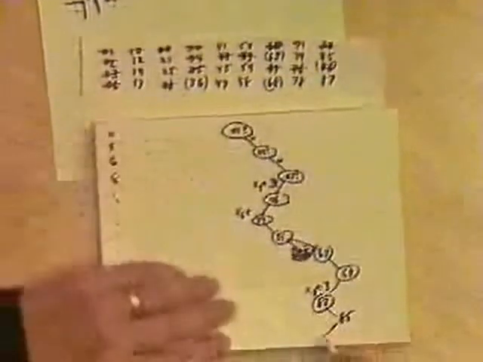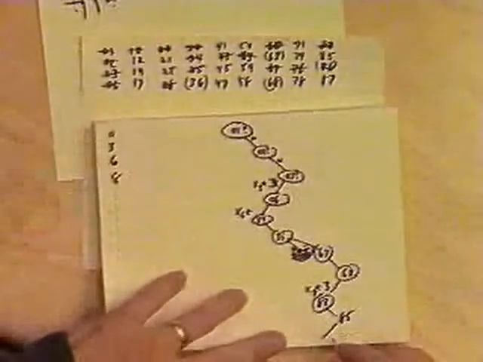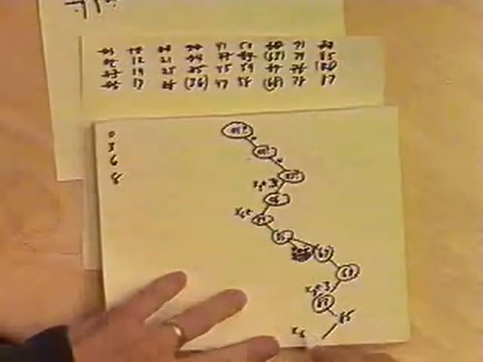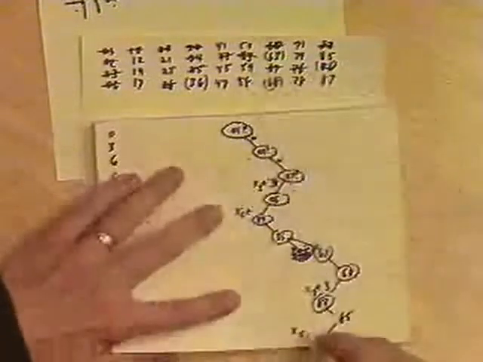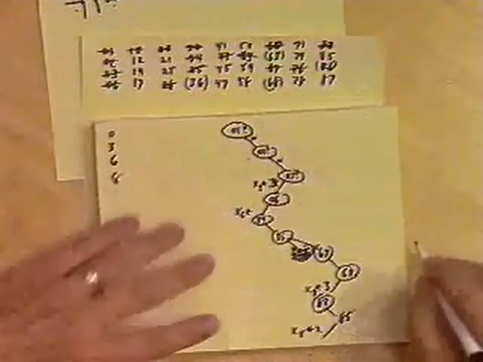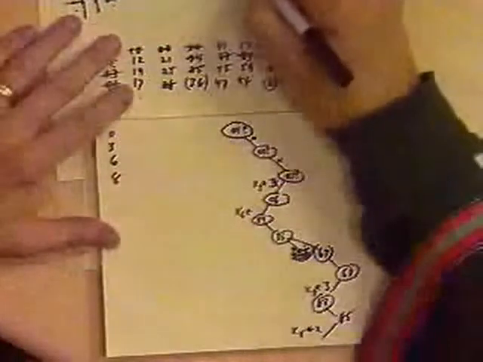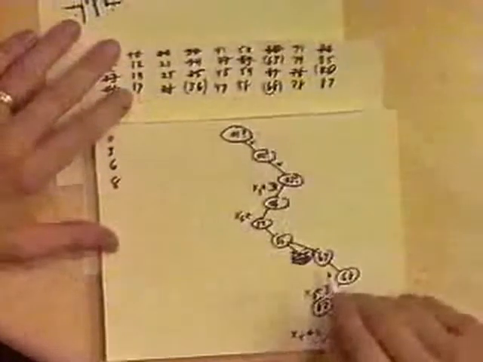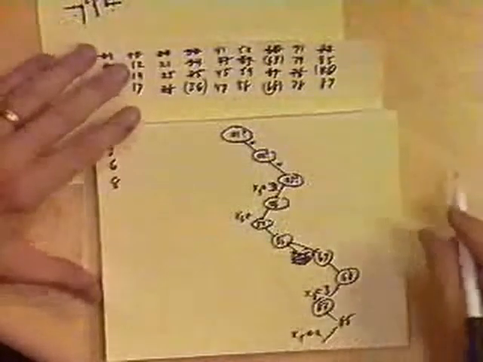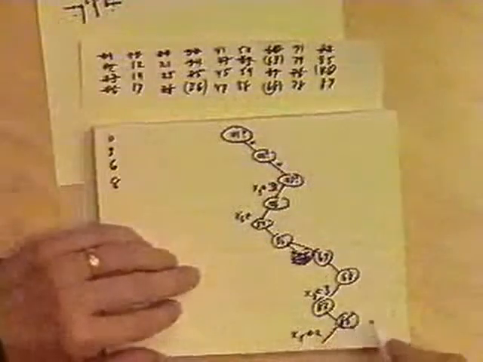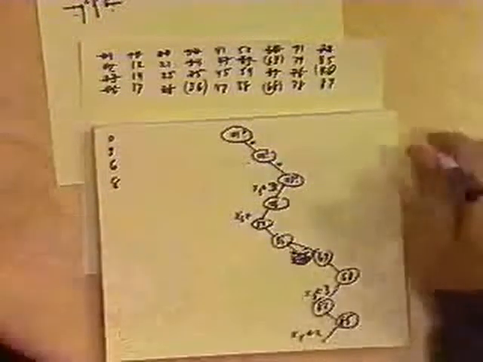I'm at the bottom of my sheet here, but X5 is going to be set now to 2. So I'll put a 2 in here. It will continue in this way.